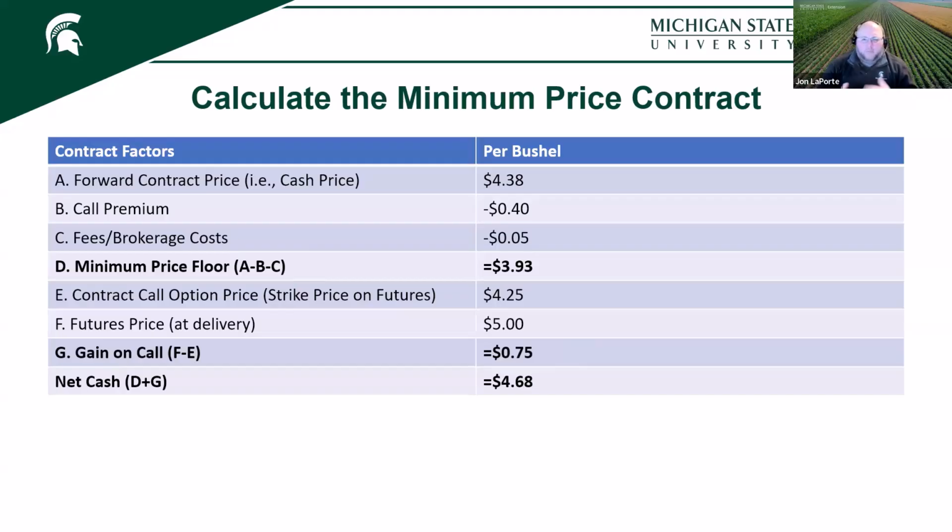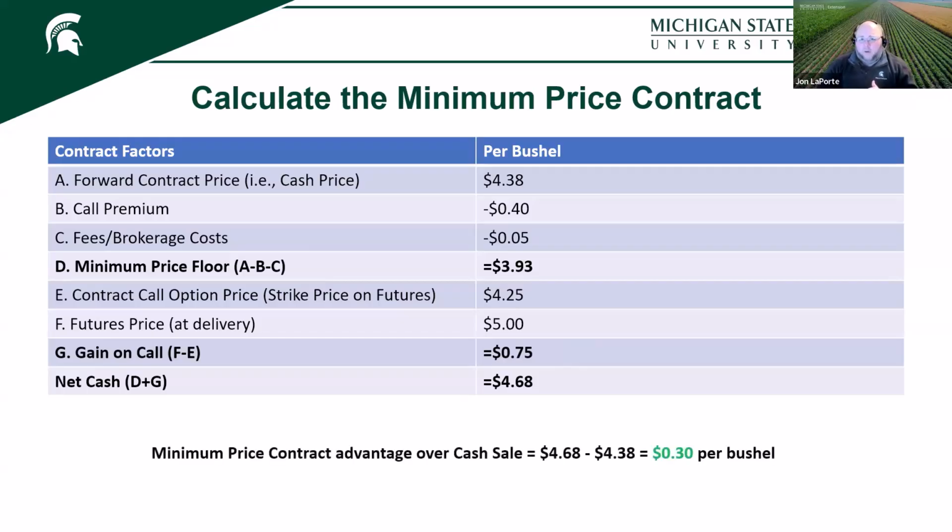And the comparison we have to make to decide if we want to do this is we're going to look at our cash price, or forward contract price, and it's 438. So when we compare 468 to 438, it's about a 30-cent difference.